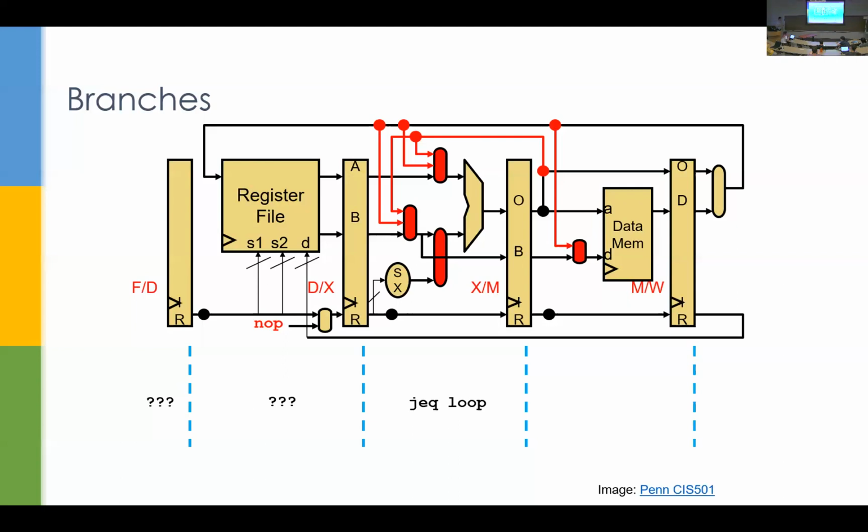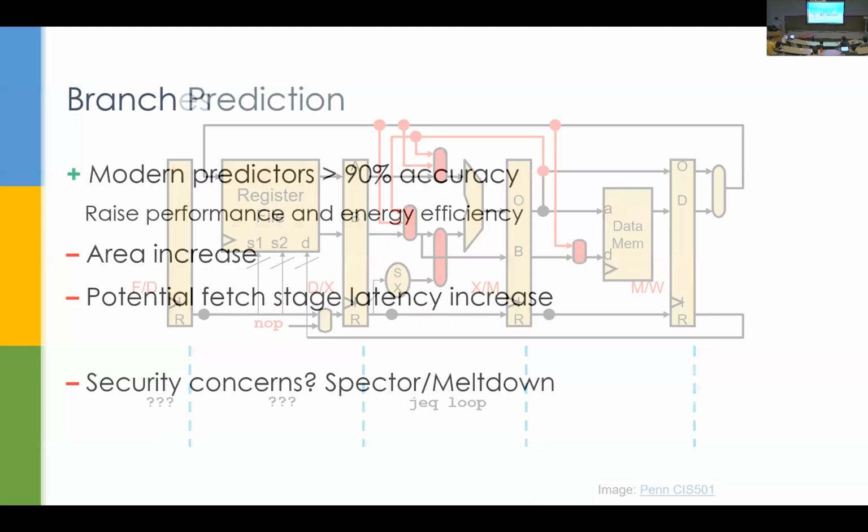So until this equal execution finishes and transfers the result, the instruction here doesn't know which one to take. That causes a lot of stalls and latencies. And also, how many of you heard? Actually, let me go to the next slide.